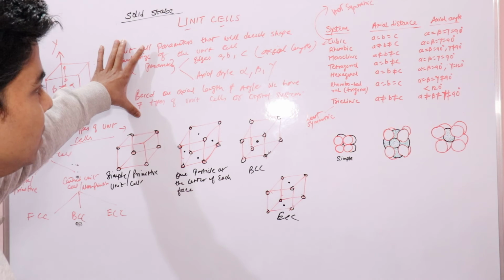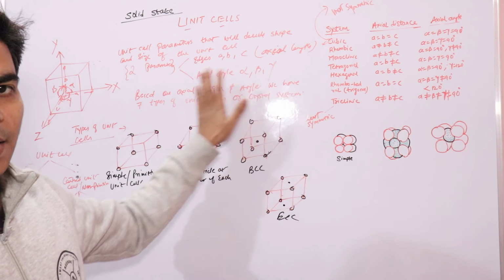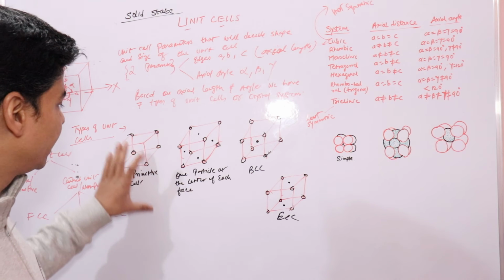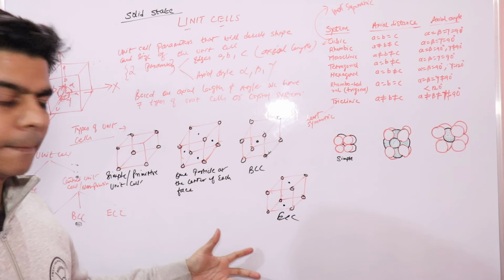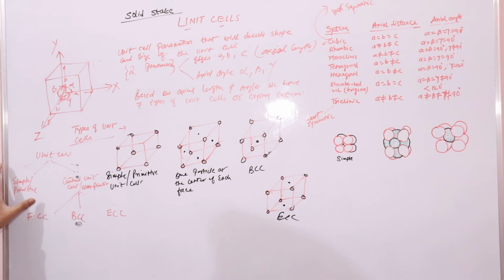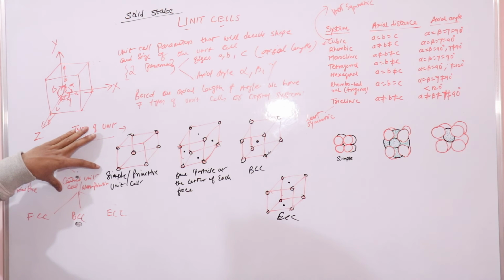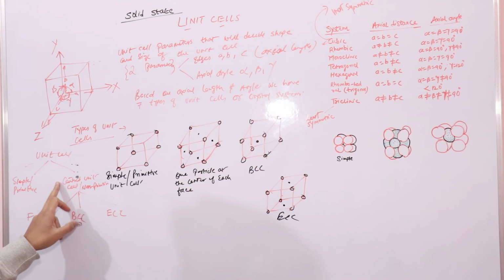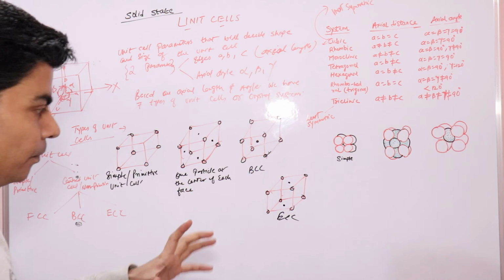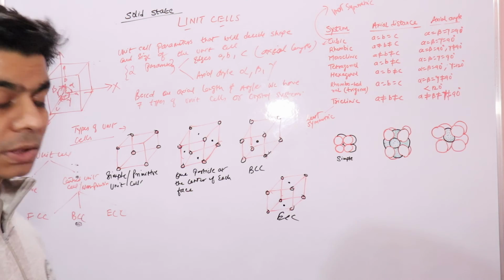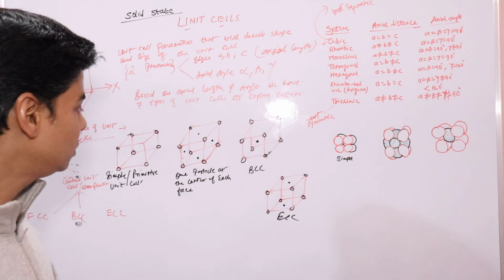This classification is based on the edge length and edge angles, and this classification is based on the location of constituent particles, right? Based on the location of constituent particles, we have simple and centered unit cells. A centered unit cell is where particles are present at other locations in addition to the corners of the unit cell.